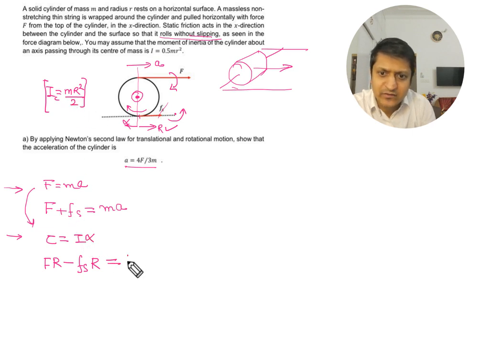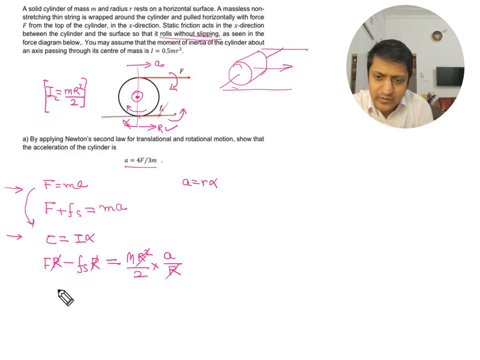I is given to us as mr squared by 2, and alpha we know that a equals R alpha, so alpha equals a by R. So with this, R goes off and this R goes off. So F minus Fs is equal to Ma by 2. So we have one equation this and the second equation this.